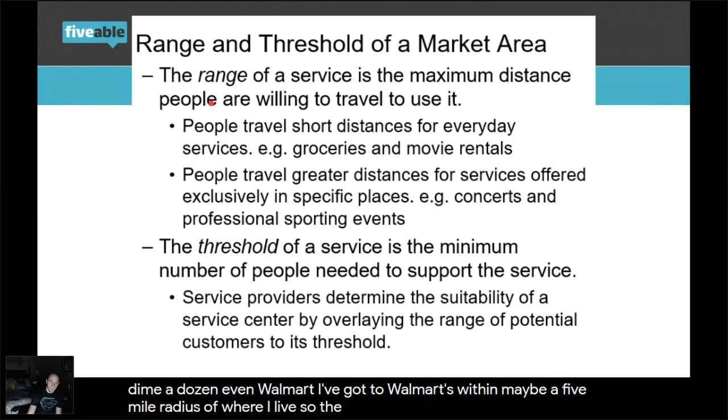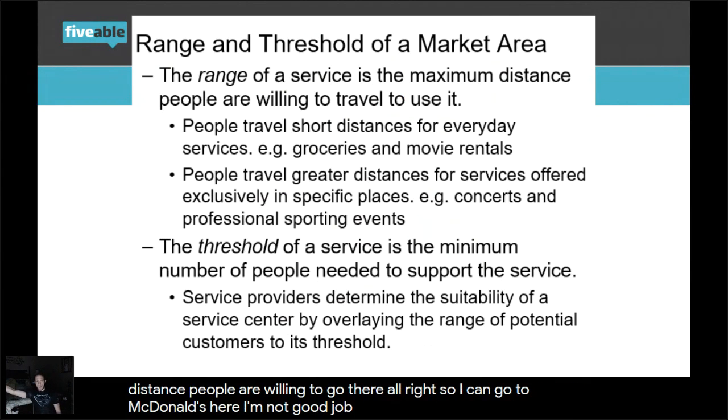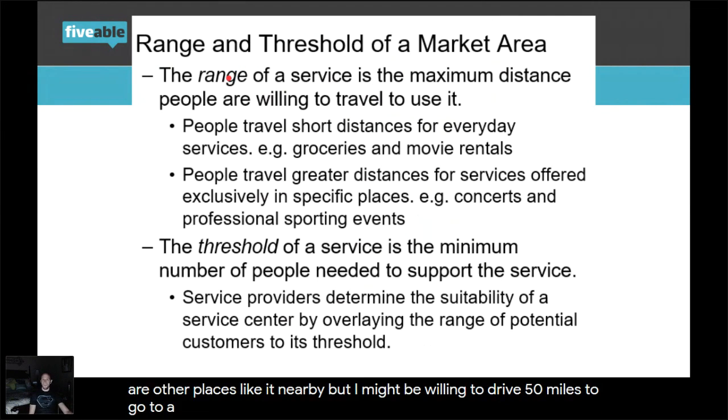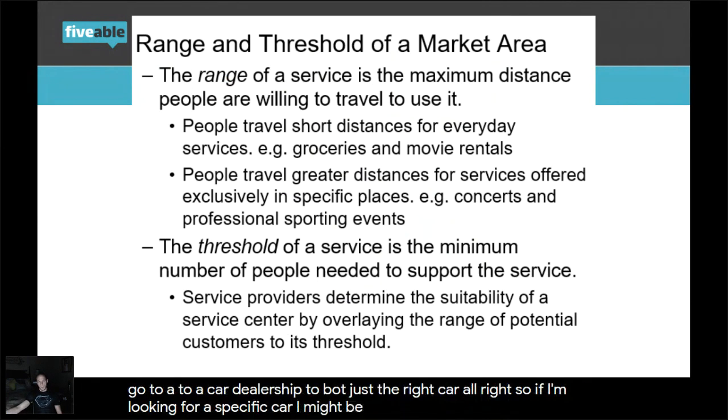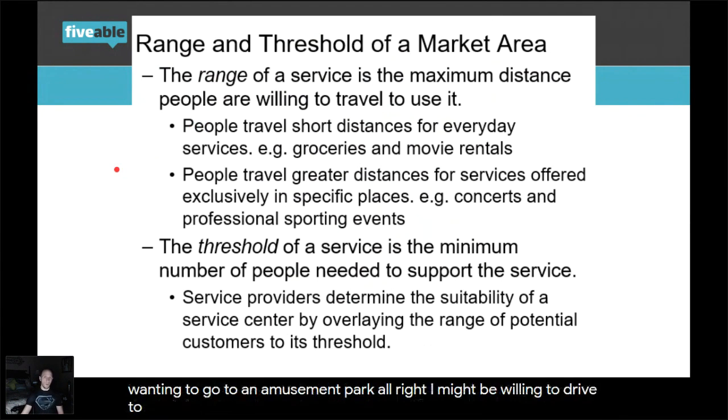So the range is going to be the amount of distance people are willing to go there, right? So I can go to McDonald's here. I'm not going to drive 50 miles to go to McDonald's if there are other places like it nearby. But I might be willing to drive 50 miles to go to a car dealership to buy just the right car, right? So if I'm looking for a specific car, I might be more willing to go there. So if I'm wanting to go to an amusement park, all right, I might be willing to drive to Atlanta to go to Six Flags.